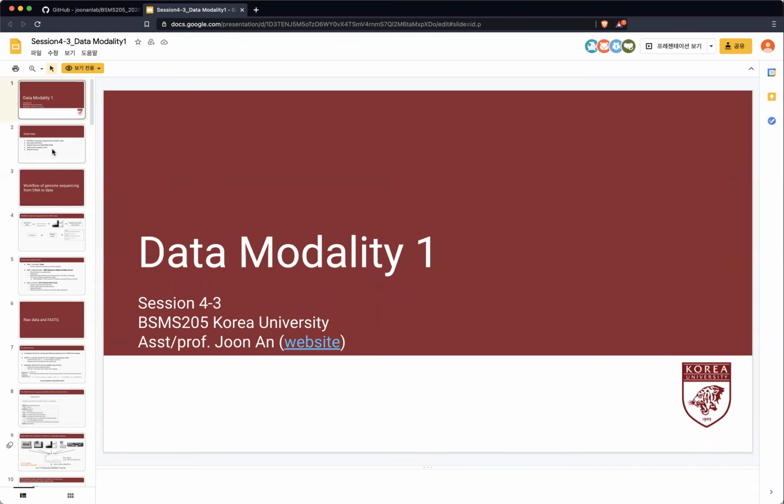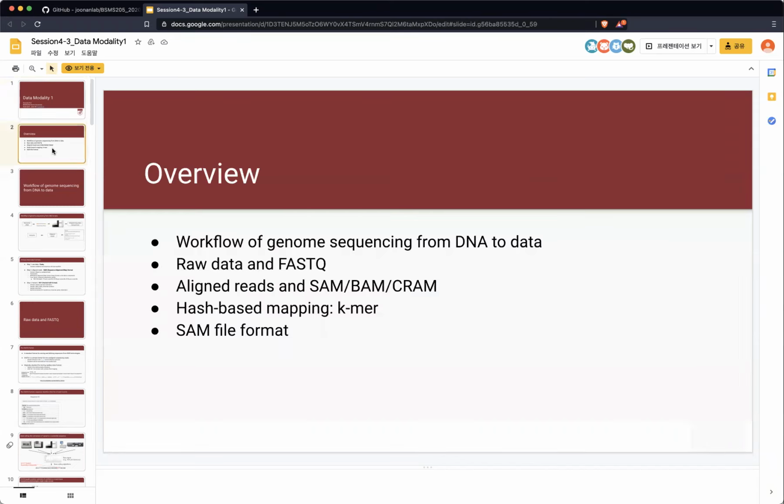You may feel like you are learning new concepts, like computational things, but this is about that notion. Okay, so what we are going to learn today is the workflow of genomic sequencing from the DNA to data. Obviously, we collect the DNA from someone, from samples or patients. Then we extract the DNA, put it into the sequencing machine, and generate the data set.